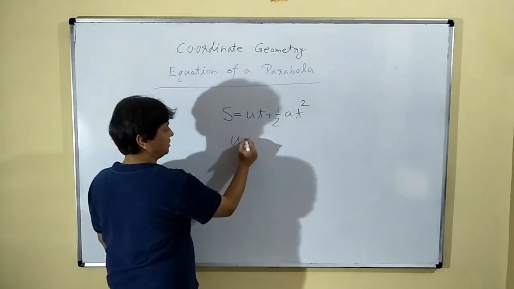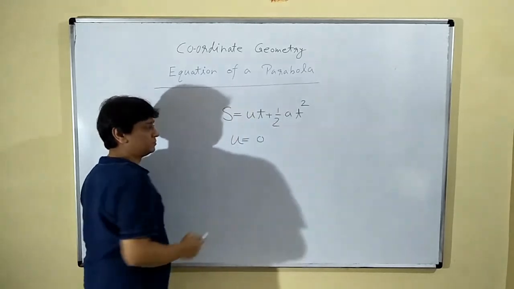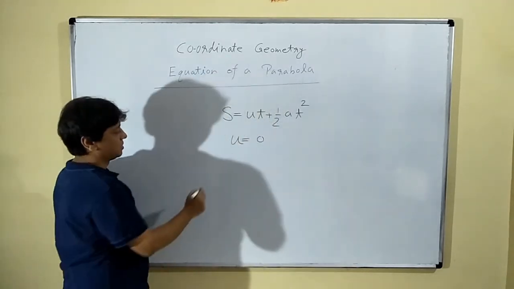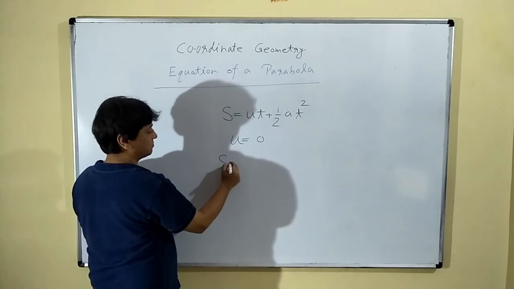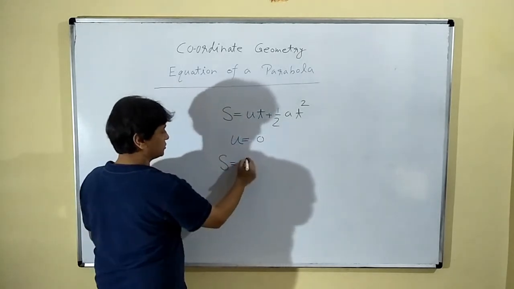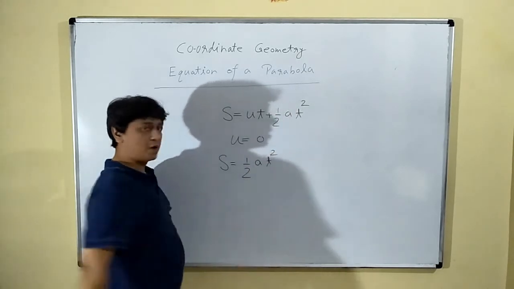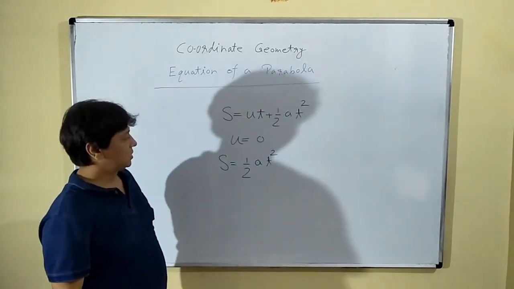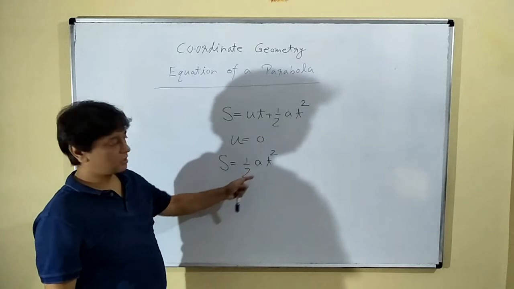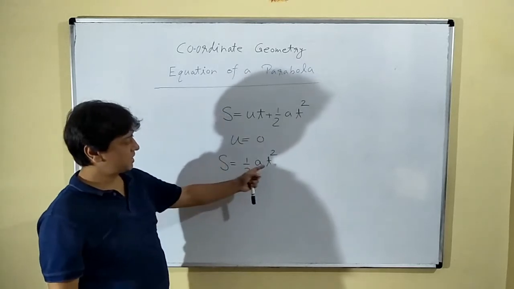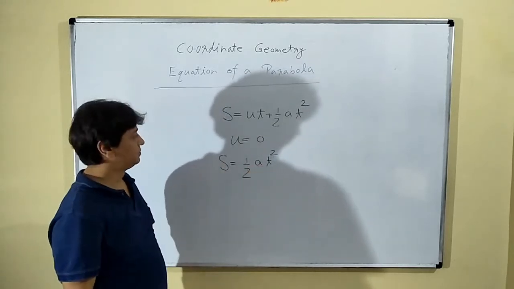Let's say initial velocity u is 0. Then this equation becomes S equals to half at square. And remember that a is acceleration, s is displacement, and t is time.